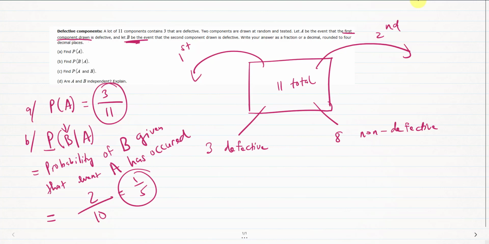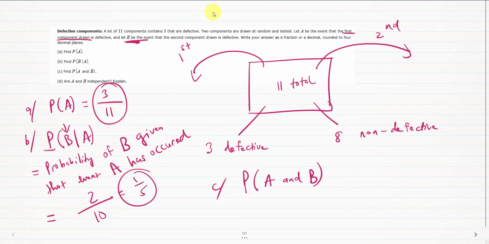And then the next one, part C, we are looking for P of A and B. That means we want the probability of event A and also event B at the same time. So we want event A, the first component, to be defective, and also the second component to be defective.